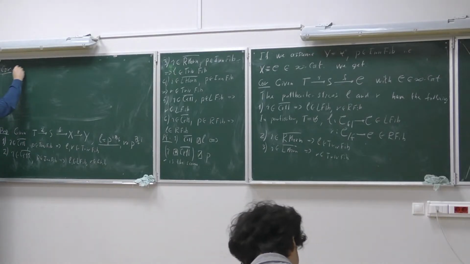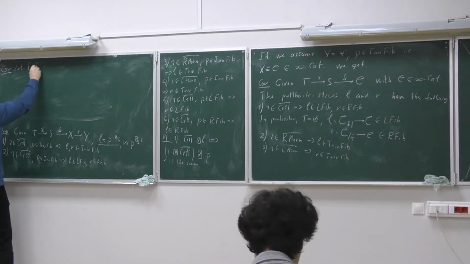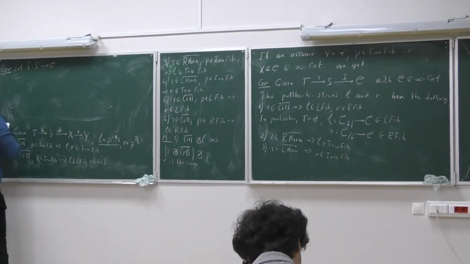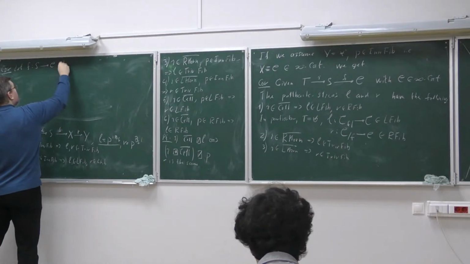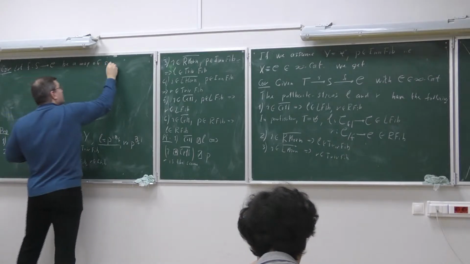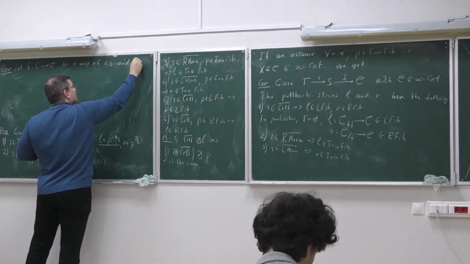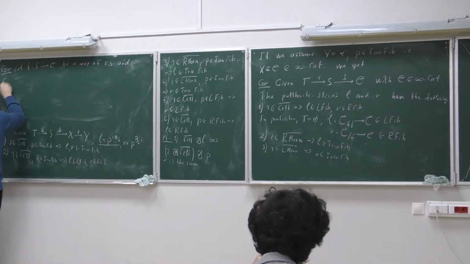So let F now be a map from S to C, a map of simplicial sets, and I also assume that C is an infinity category.